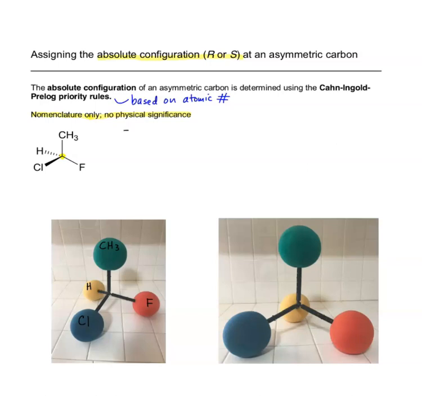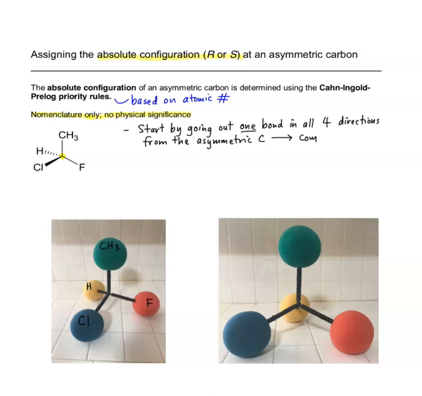And we're going to compare those 4 atoms based on their atomic numbers. So start by going out 1 bond in all 4 directions from the asymmetric carbon, so that you can compare those 4 atoms.